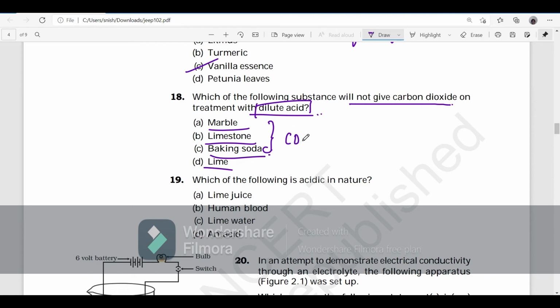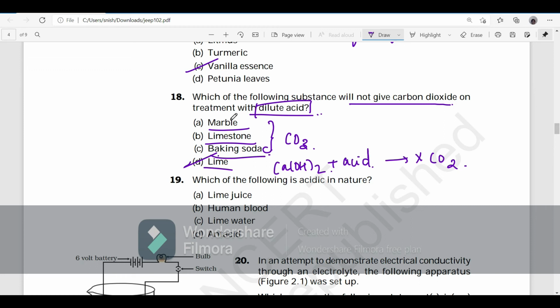So these three will yield carbon dioxide. While talking about lime, lime is calcium hydroxide. Calcium hydroxide reacting with an acid will not yield carbon dioxide, so it's the fourth option.